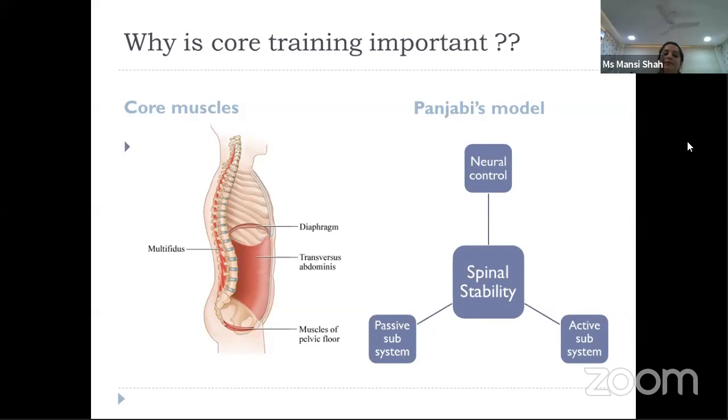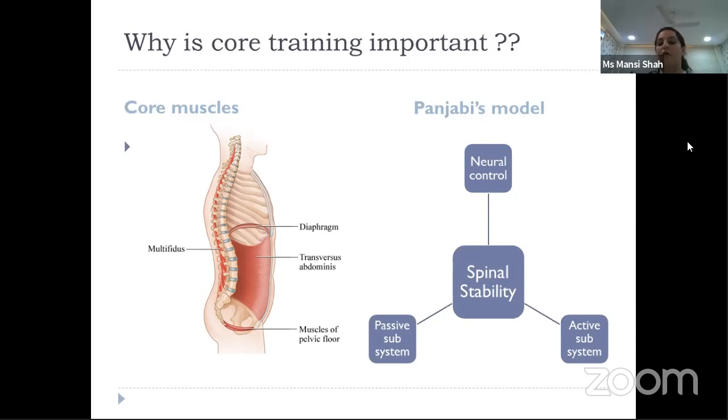Along with scapular exercises, it is important that we start training the core muscles. We've already talked about it earlier in Sir's lecture, and even Dr. Ram had mentioned that it is very important that we start working on the core. More often than not, we're asked the question of why should we train the core muscles?